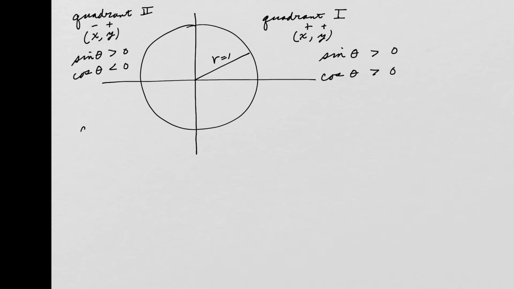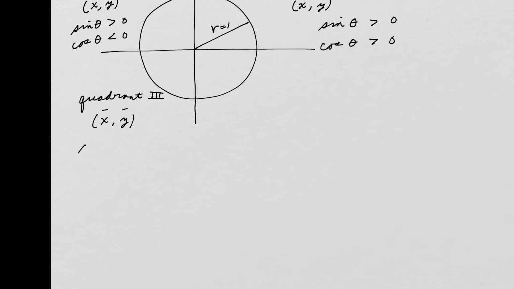In quadrant 3, both the x and y components are negative, right? Negative, negative. So that means both sine and cosine of the angle are going to be negative, so they're going to be less than 0.